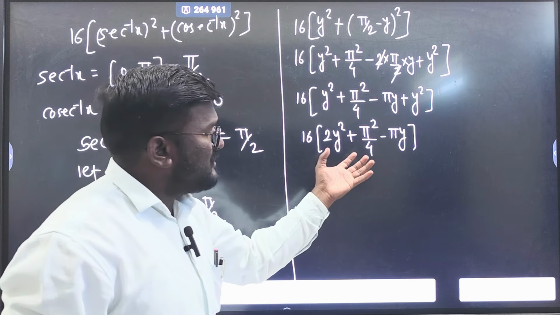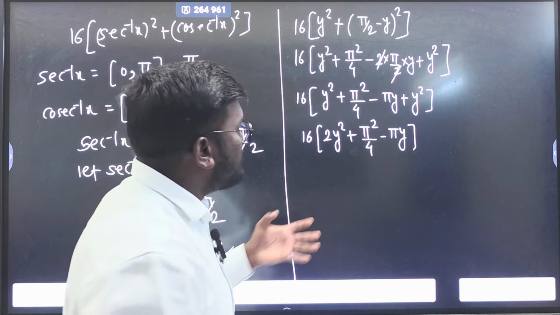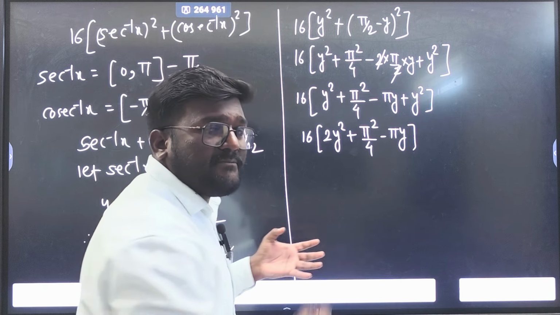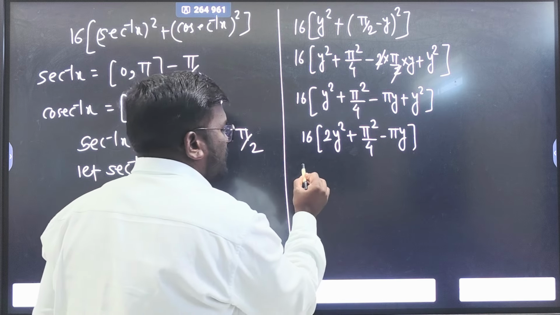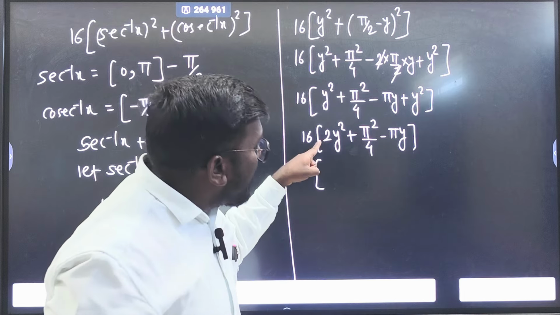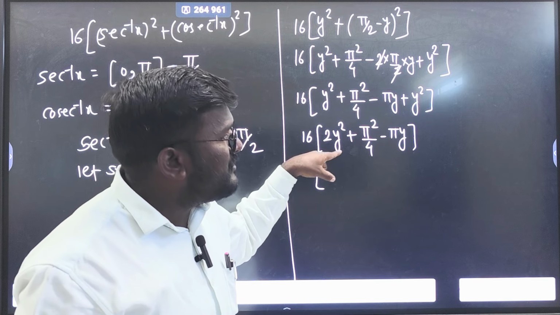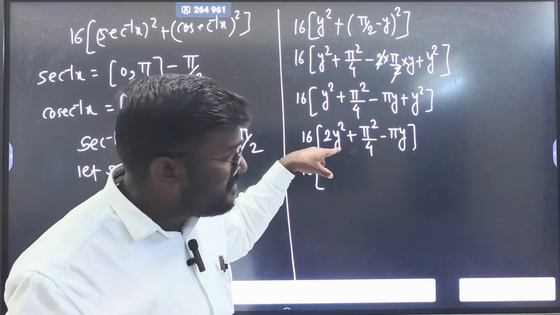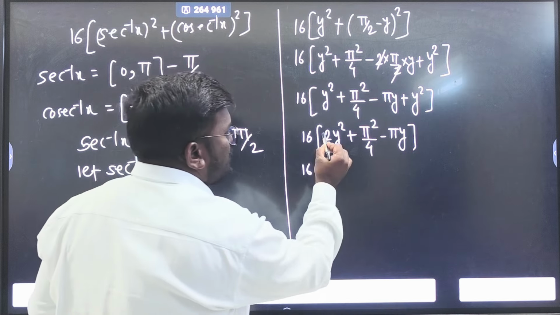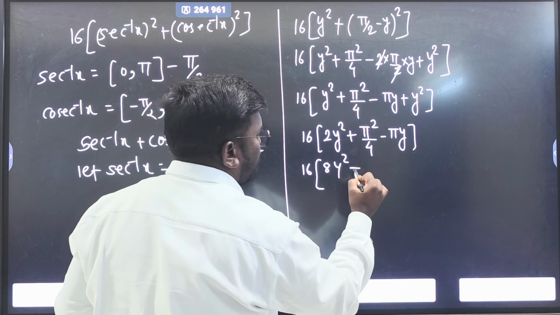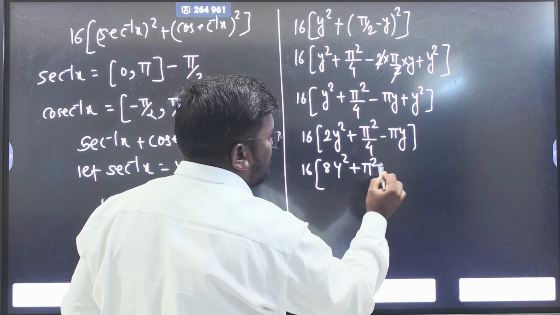Now here again do simplification. Here the base is 4, that's why I am taking the LCM of all. So here I am writing 16, and I have to multiply the first term by 4 and divide by 4. Why am I doing this? For more simplification. So 8y square. Now already here is 4, so no need of multiplication.